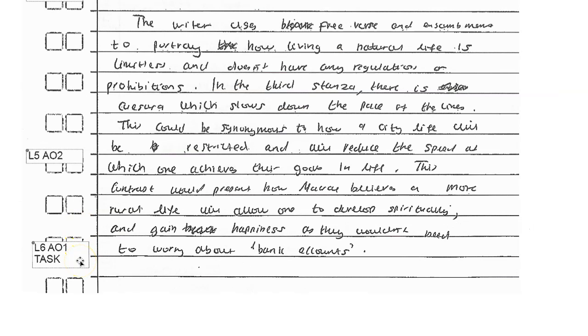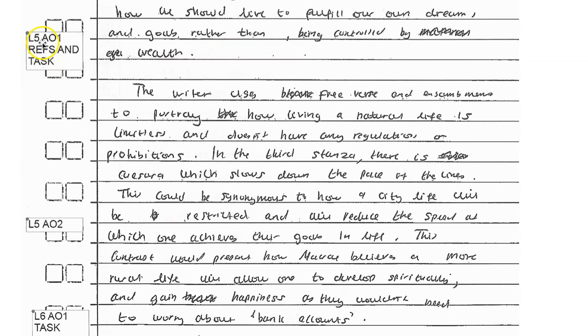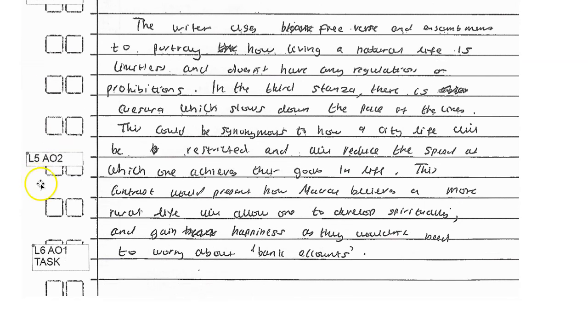Now you can see what happens next. The examiner says, oh, there's a level 5 AO2 method bit here. We've already had AO1. And then the very next point becomes level 6 because there's now enough to be convincing. Let's see what Sanjay wrote. The writer uses free verse and enjambment to portray how living a natural life is limited and doesn't have any regulations or prohibitions.